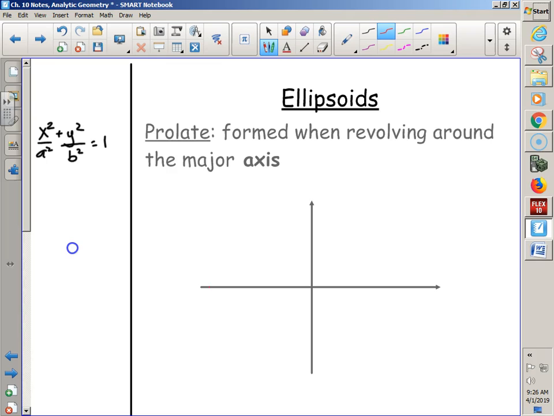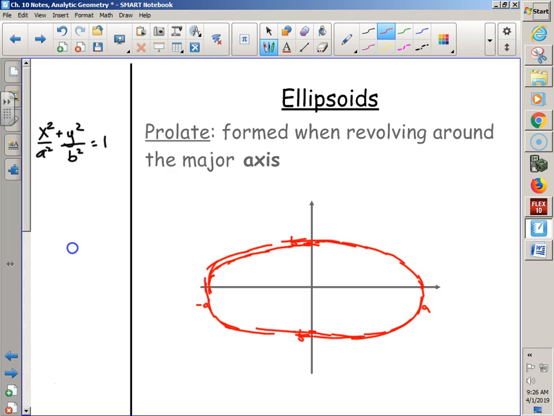So if I were to go out like an A, then go up like a B, you guys see how A is bigger than B, right? And if I was to draw that ellipse, it's a little rough, but we get the idea, right?